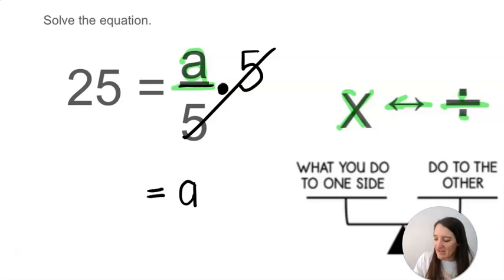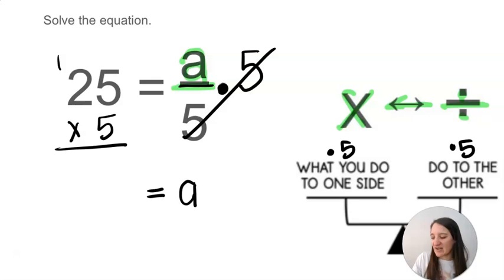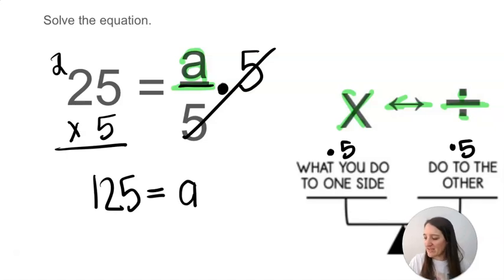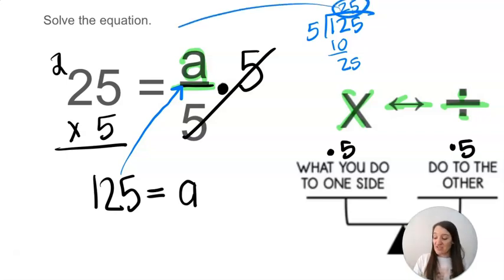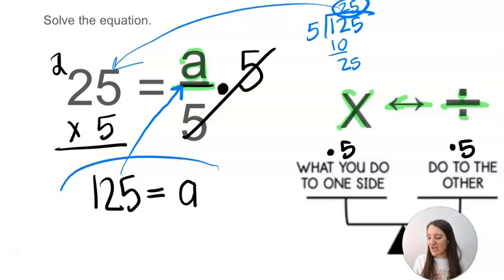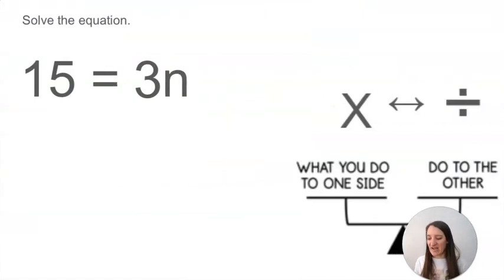Now that I've multiplied by 5 on one side, I'm going to make sure I multiply by 5 on the other side, and I'm going to get 125 for A. And to check that, if I divide 125 by 5, I get, shocker, 25, which is what I needed it to equal. So A is indeed 125.